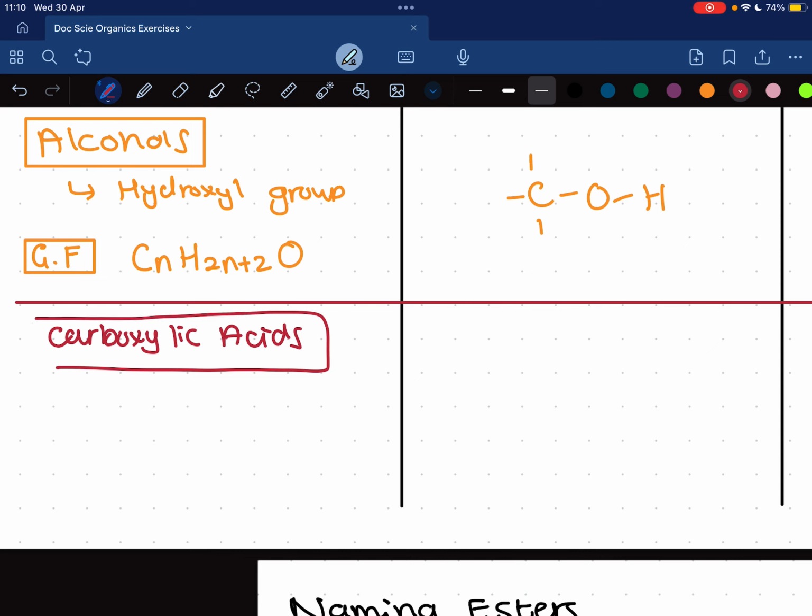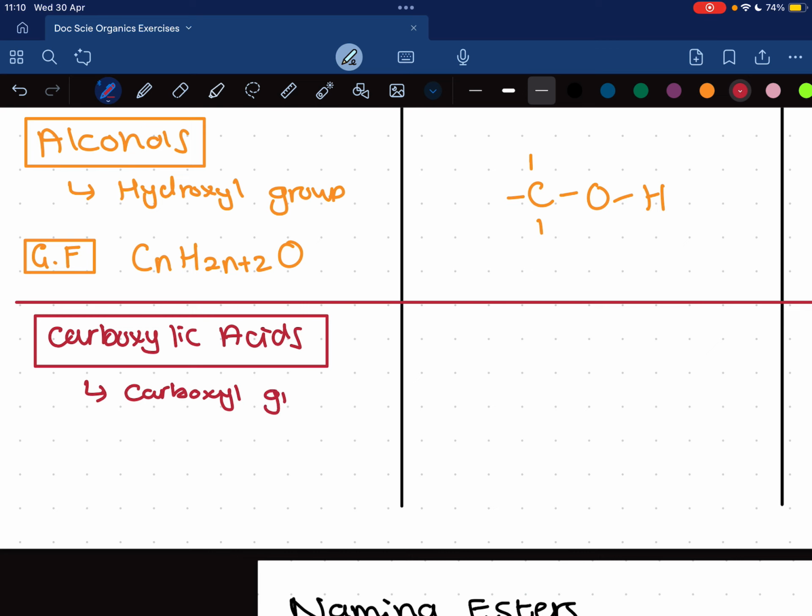The carboxylic acids are organic molecules that contain a carboxyl group, which is essentially a double bond O, single bond OH.